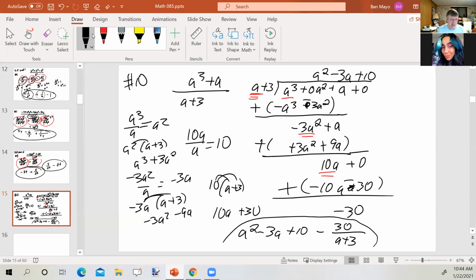However, in WebAssign, I'm seeing that they wrote minus the 30 over a plus 3. So you could try both ways and see, but this is the way they're doing it in WebAssign. Whoever did the key to the textbook wasn't the same person that did the key to WebAssign, unfortunately. Both ways should work.